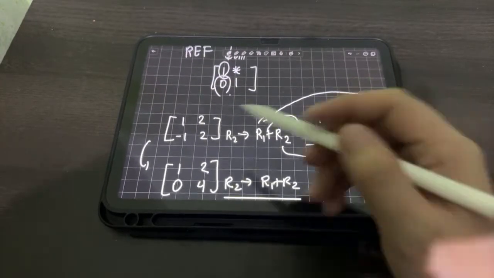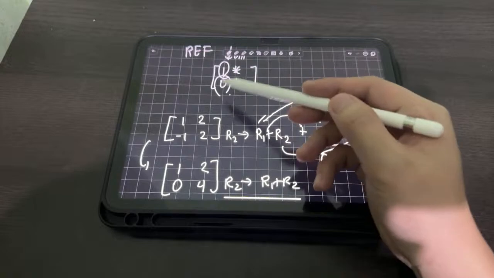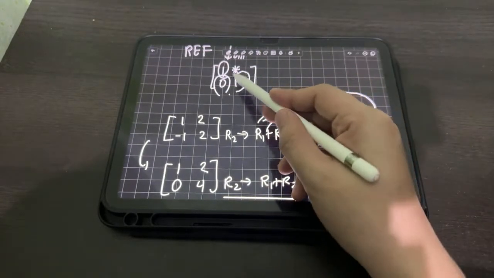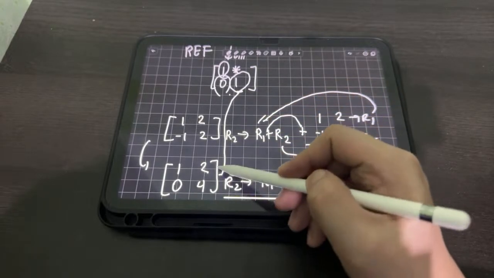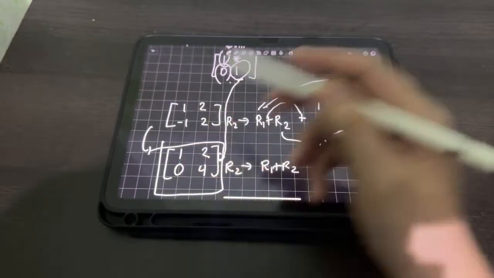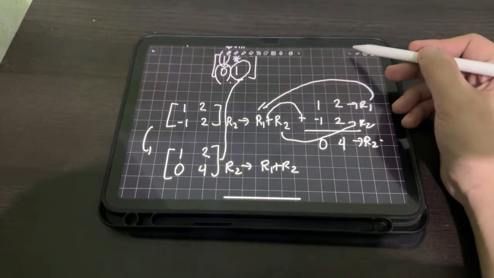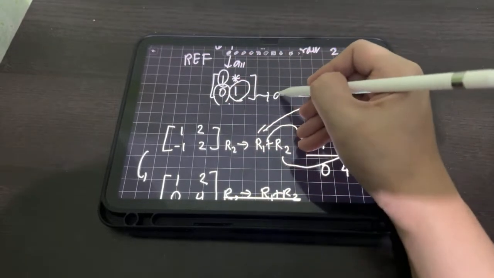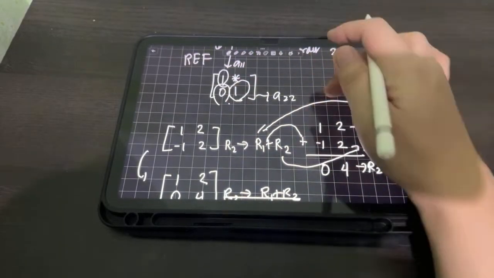We already have 1, 0 in the first column. The next goal is to make this entry 1. So far, we have this form of the matrix. So how can we make this entry, which is entry A22, right?